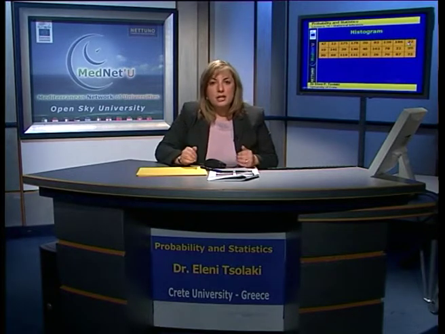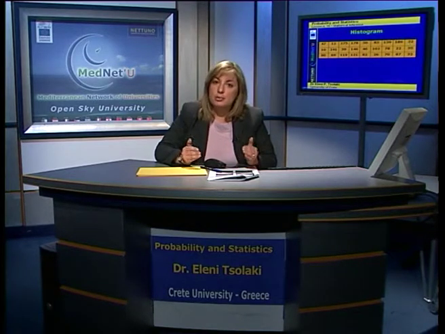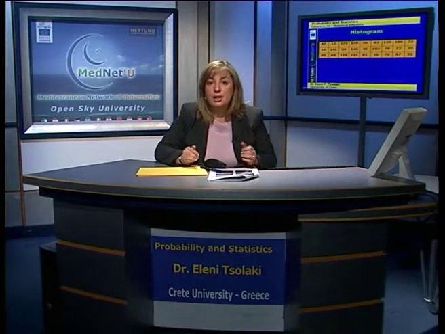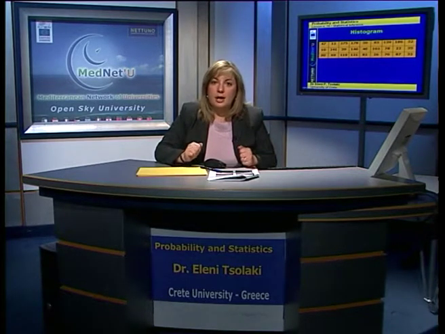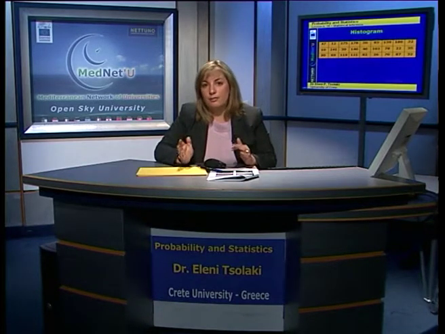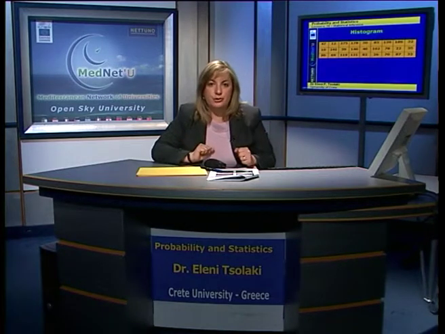As we have said, a histogram is a nice way to have a clear picture of maybe the distribution of the population that the sample comes from. And then we can calculate, as we said, the sample mean and the sample standard deviation or variance, which are going to be our estimators for the mean and the variance of the population.